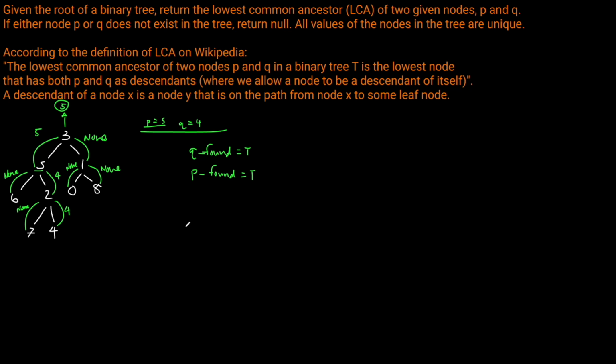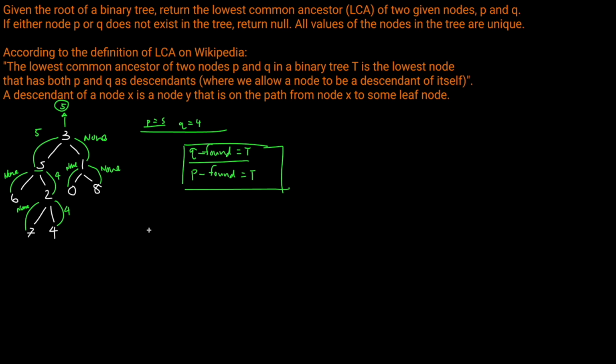And the last thing we need to do is actually, for our answer, if the function that did this entire DFS returned a non-null node, which it did, okay, that means that we found a potential LCA if and only if both Q found and P found are true. So we're allowed to return our LCA here, which would be the node 5, if and only if Q found equals true.